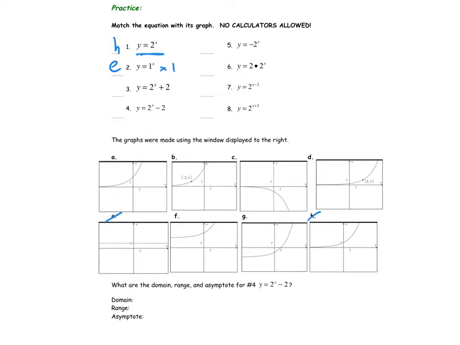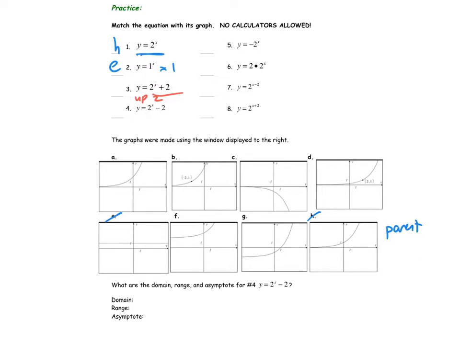Number 3, we have 2 to the x plus 2. The plus 2 means this is shifted up 2 relative to the graph in h, which is the parent function. So I'm going to write down this is like our parent. So if we take that graph and it goes up 2, instead of going through 0, 1, it should go through 0, 3.